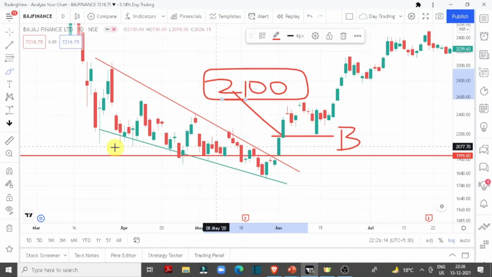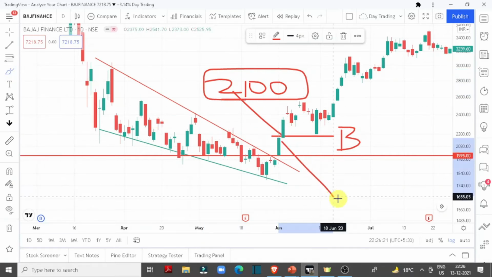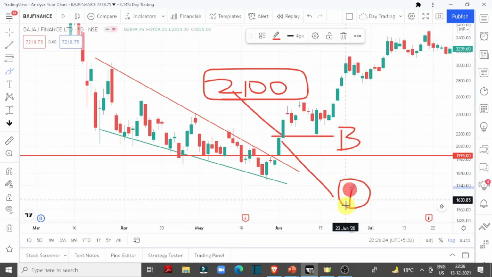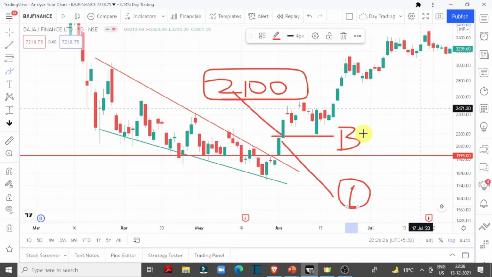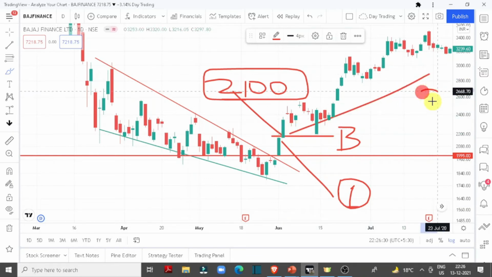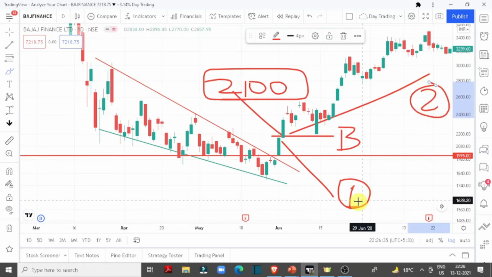There are only two probabilities. The stock can go down, and if it goes down, you will have to face a loss. But the stock can also go up. So either the stock goes up or goes down. There are only two possibilities.